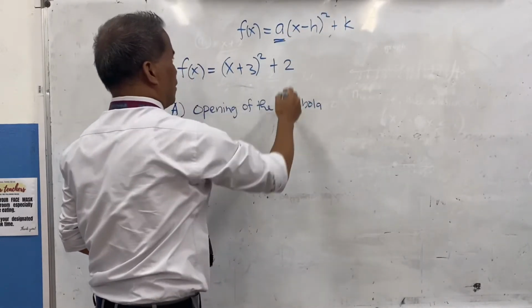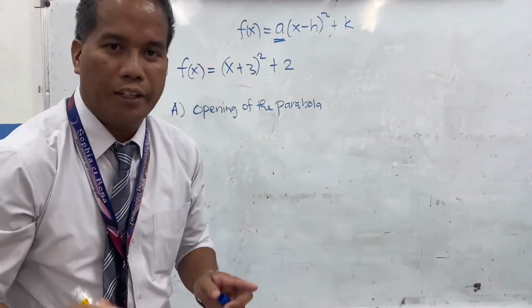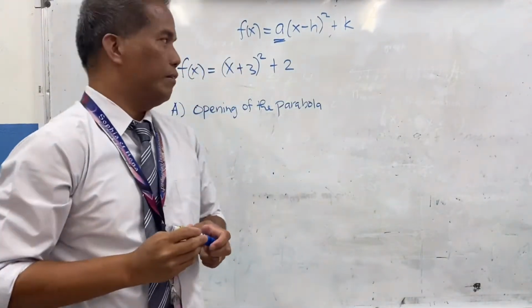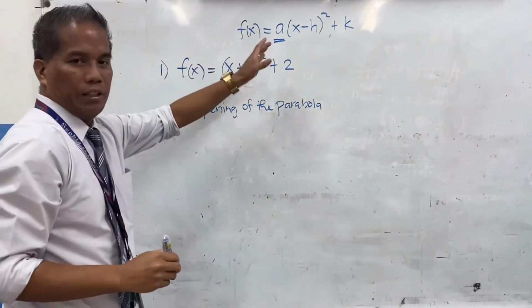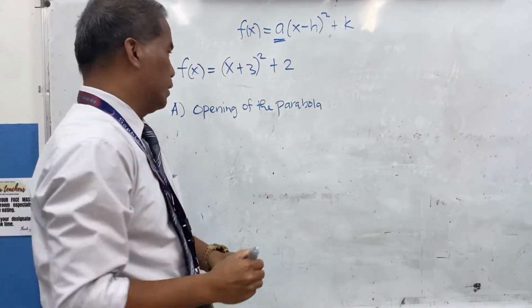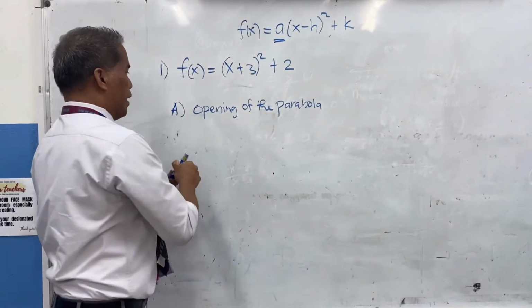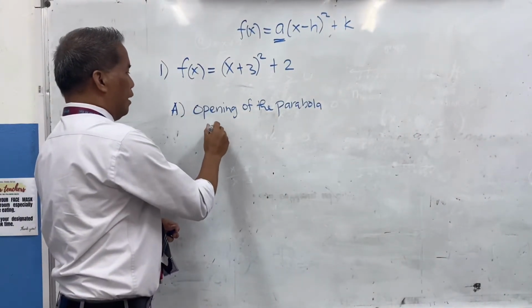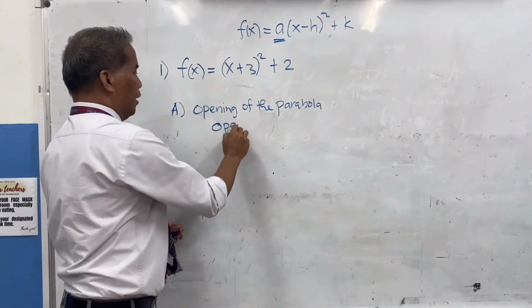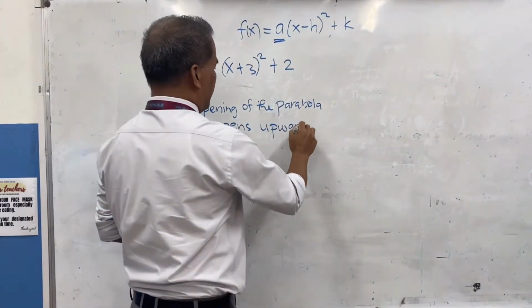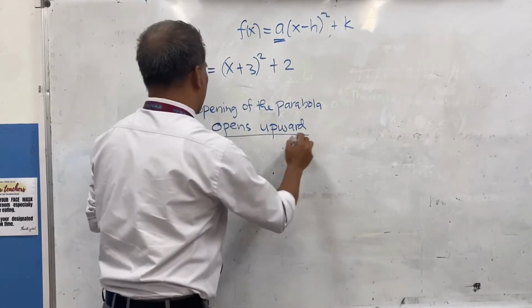So just look at the sign of a. If the sign of a is positive, it means the parabola opens upward. So in this case, the value of a is positive, so the answer here, the parabola opens upward. So this is the answer in letter A.